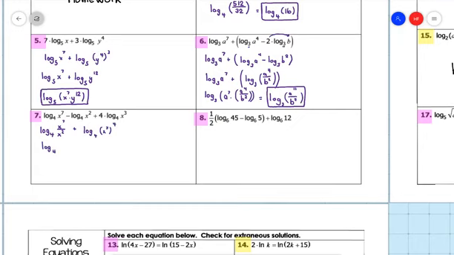Log base 4, we're going to subtract those, so 7 minus 2 is x to the 5th plus log base 4, multiply, since it's a power to a power, x to the 12th. Condense by multiplication, x to the 5th times x to the 12th. They're both x, so I can go one step further. Log base 4 of x to the power 5 plus 12, which is 17.